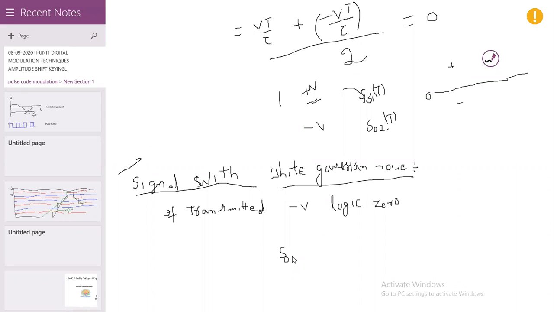S naught 1 of T plus S naught 2 of T, divided by 2.